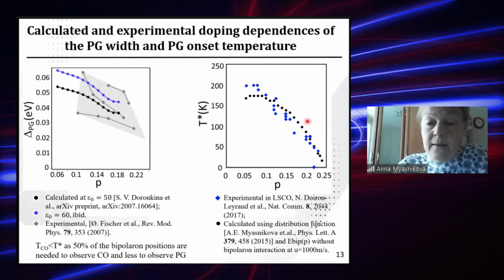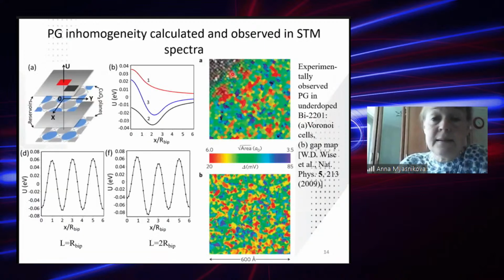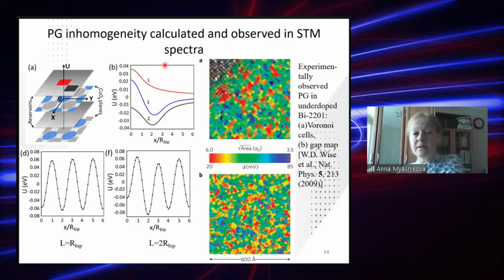And this approach also allows us to take into account inhomogeneity in dopant ion distribution, because they also create their potential, which should be added to the potential of the charge ordering, like this.